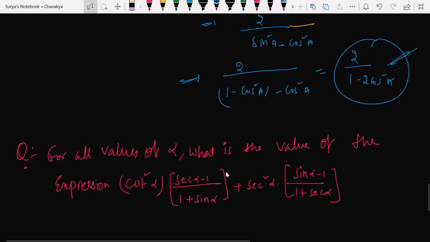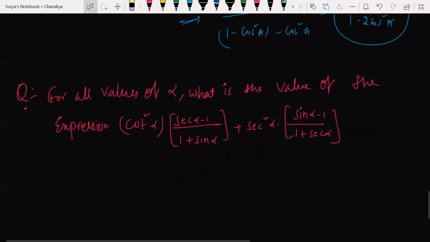Find, for all the values of alpha, what is the value of this expression? Very simple. Make it fast. Don't reveal the answer. If you get the answer, please put a message in the chat box.